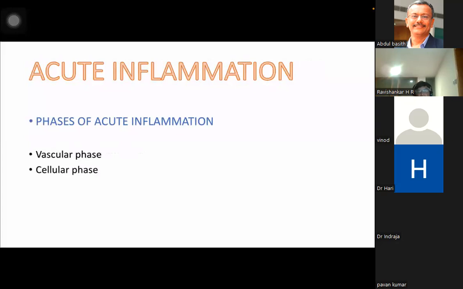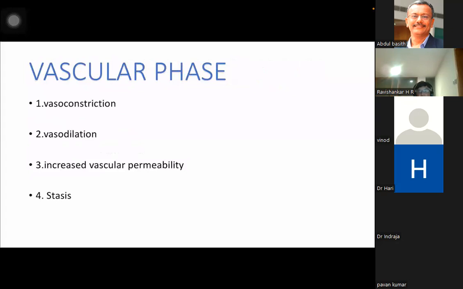Acute inflammation is divided into events for our understanding: the vascular phase and the cellular phase. The vascular phase is divided into vasoconstriction, vasodilation, increased vascular permeability, and stasis. Vasoconstriction is a transient phase which starts initially during an injury, and it helps to decrease the bleeding.